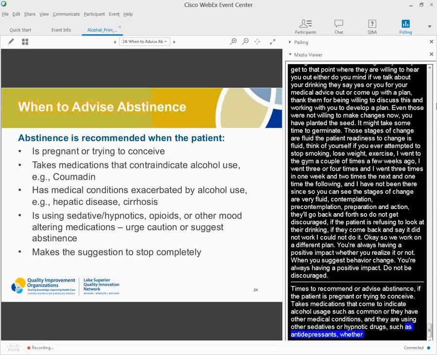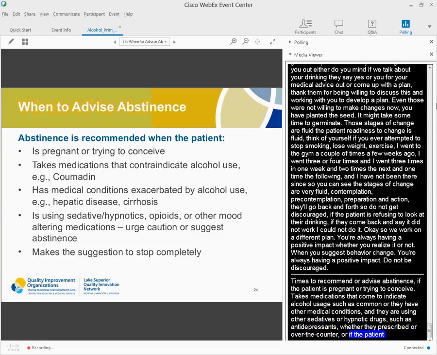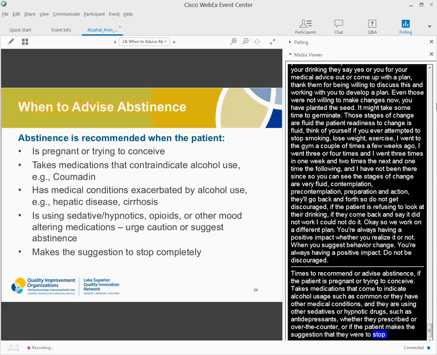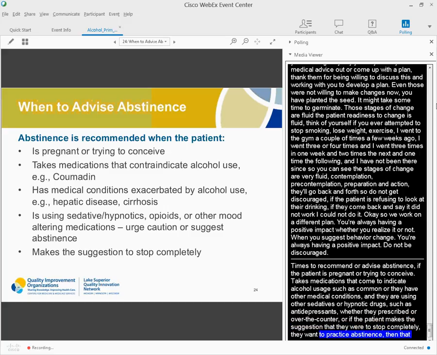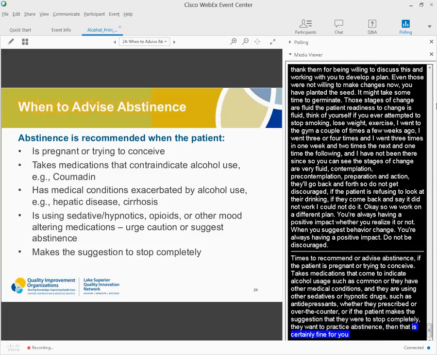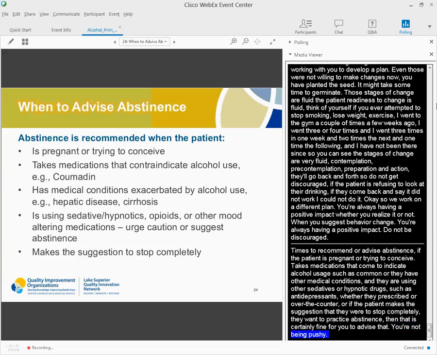Or if the patient makes the suggestion that they want to stop completely, they want to practice abstinence, then it's certainly fine for you to advise that. That would not be pushy or contraindicated in motivational interviewing concepts to support that decision.